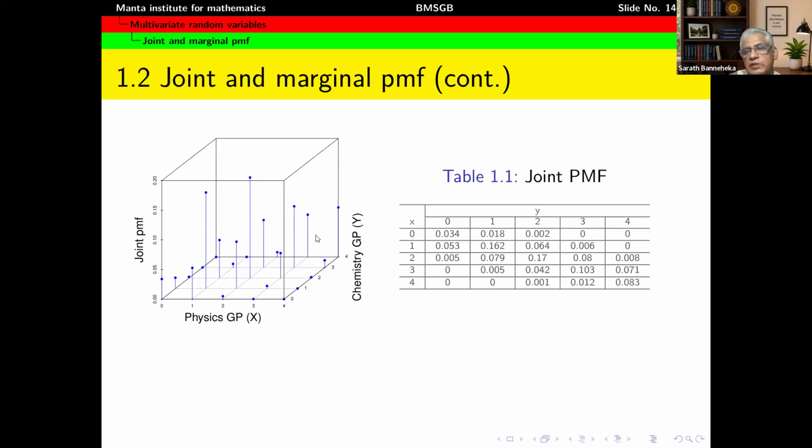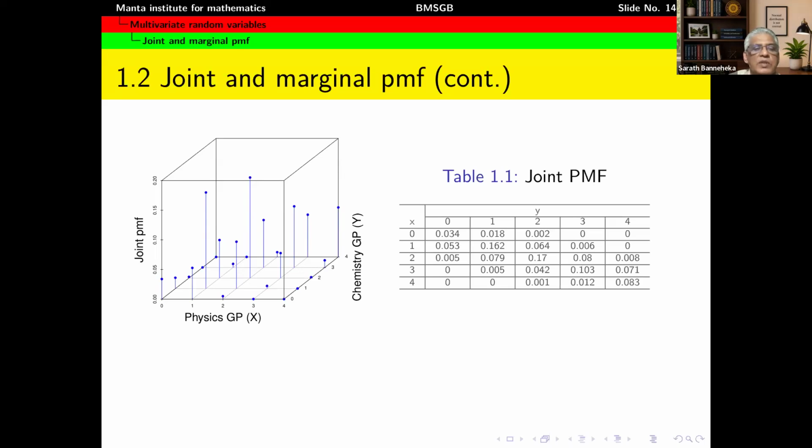And this is the graphical method that you can use to show it, using this kind of line graph. Each possible pair, for example, this is 0,0, this is 1,0, and so on. And the height of these lines shows the probability.